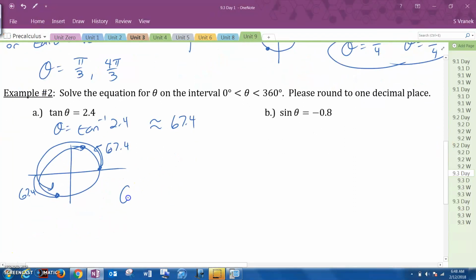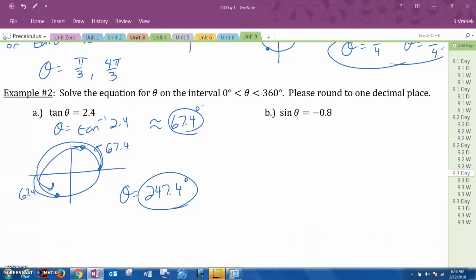So when you add those together, you get 247.4 degrees. So the two answers for this problem would be 67.4 and 247.4. But the process was the same. You just had to use your calculator to get that first angle, and then you have to find the other quadrant like we did for the other ones up above, and then you answer that too.